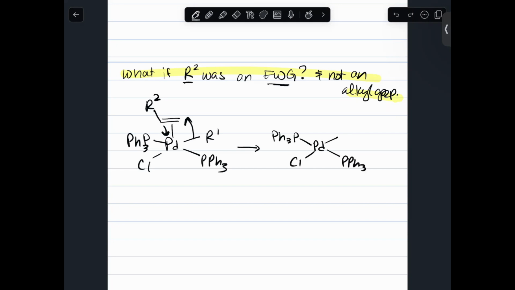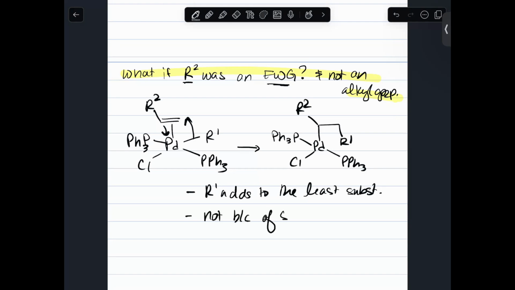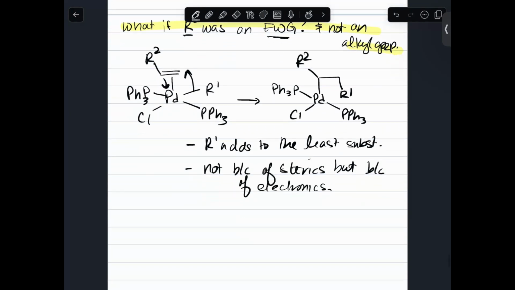And this has nothing to do with sterics. This has to do with electronics. So what do I mean by that? So take a look at the following example.